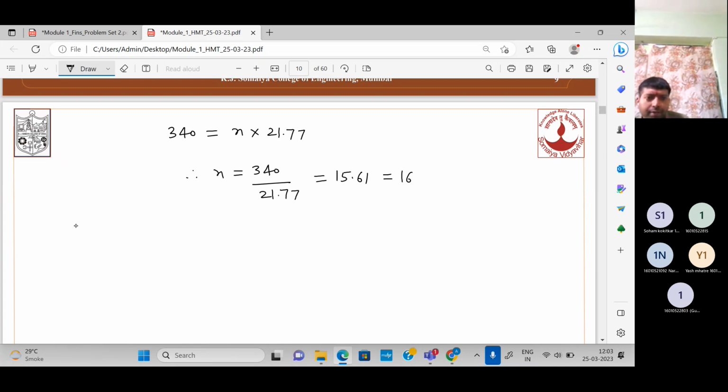Okay, so the number of fins is equal to 16. So 16 fins are required for this. Since we are calculating numbers, if something is in decimal, we have to take the higher number. If it is 15.61, it will be 16 because the number should be a whole number.